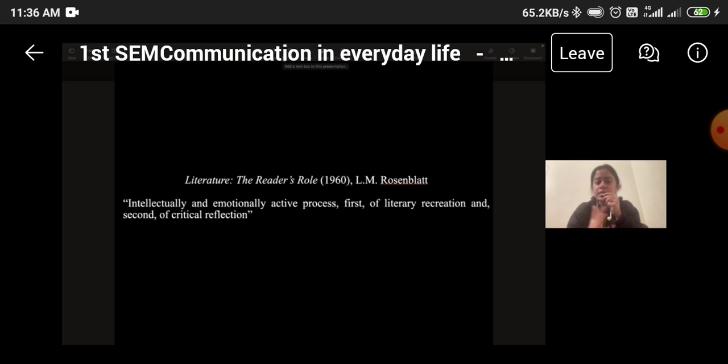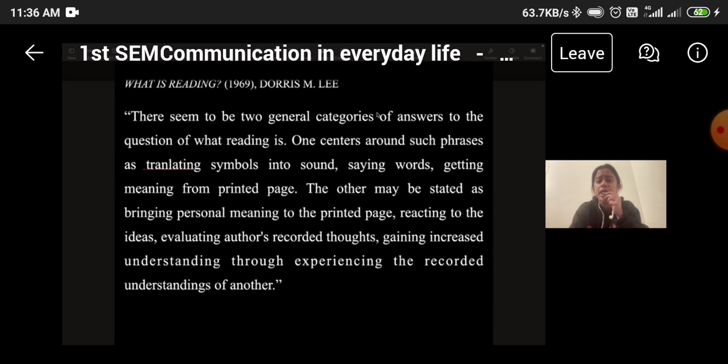So it is not merely emotional, neither is it merely intellectually applying your comprehension, understanding, evaluation of the work. So reading, that is how we are developing the critical reflection of the work.